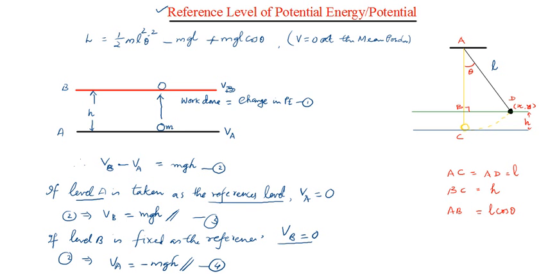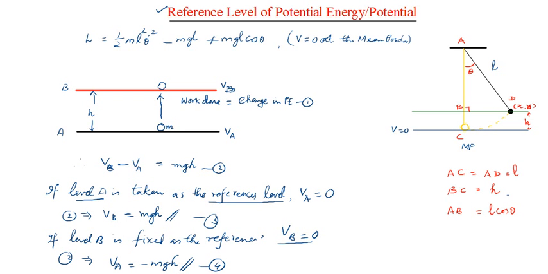So why I told you this one, because let me come back to our simple pendulum problem, where we had fixed the zero of the potential energy at the mean position. Hope you remember that in our earlier solution of the simple pendulum, we had fixed V equal to 0 here, meaning that was our reference point.